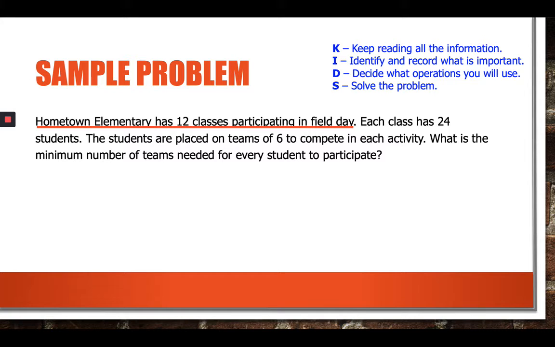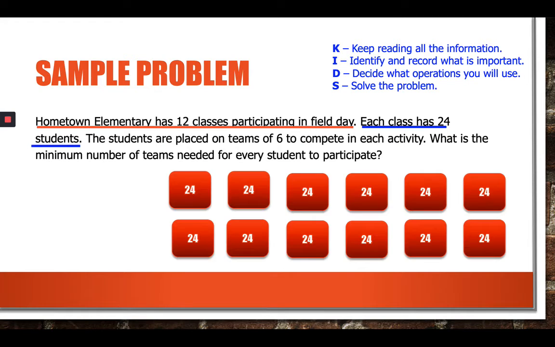So we know that we're going to have 12 classes, but then the next sentence tells us each class has 24 students. So we need to understand how many students are going to be participating in field day. One way that we could look at it would be like this. We have 12 groups of 24 students. One way that somebody might solve this is to use repeated addition and add 24 12 times, but that really seems like a long way to get to that answer.